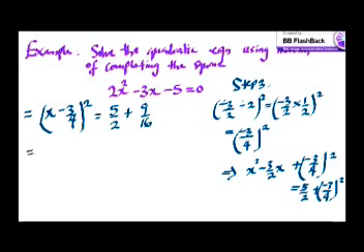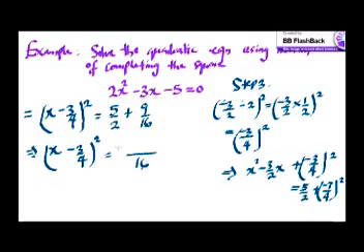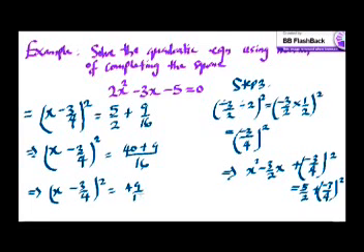So here we'll have (x minus 3 over 4) all raised to the power of 2 is equal to, what's the LCM here? 16 into 2 is 8 times this is 40, plus 16 into 16 is 1 times 9. So here I will have (x minus 3 over 4) all squared is equal to 49 over 16.